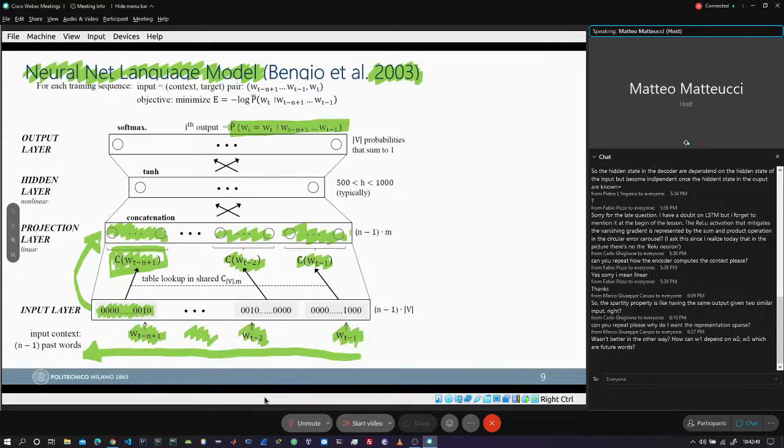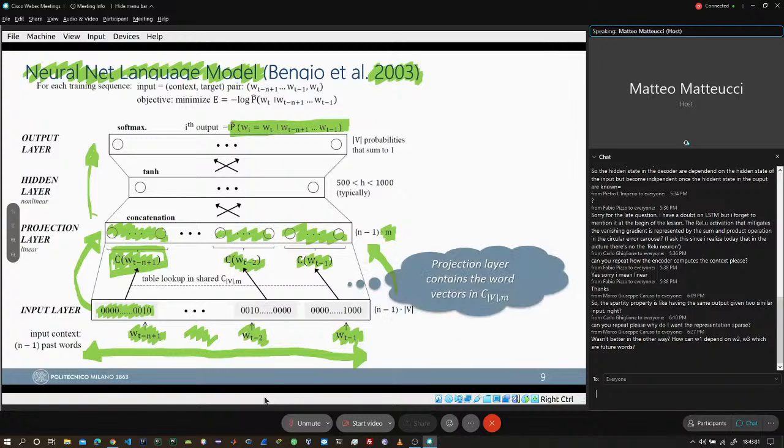The idea of the neural net language model is to take the one-hot encoding, which is very huge because it is n minus 1 times the size of the vocabulary, and project it into a lower space, which is n minus 1 times the size of the encoding. Then, by this classifier, the goal is to predict the most likely word given the previous ones.